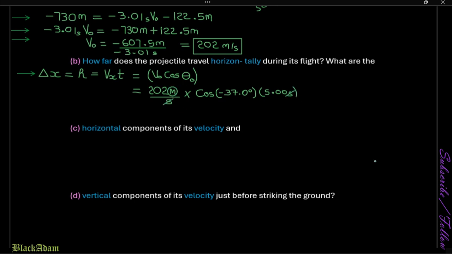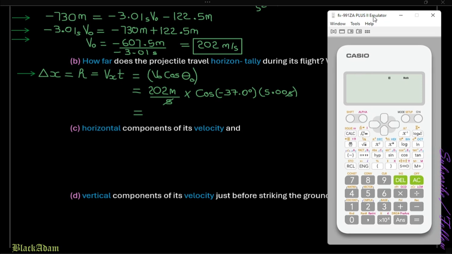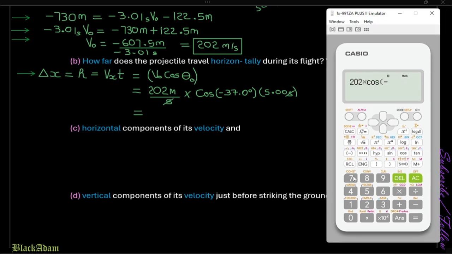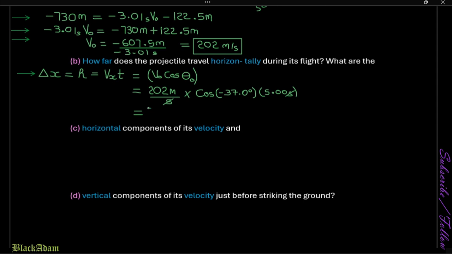So our answer is 202 multiplied by cos of negative 37 multiplied by 5, which gives 807, rounding off. That's our answer.